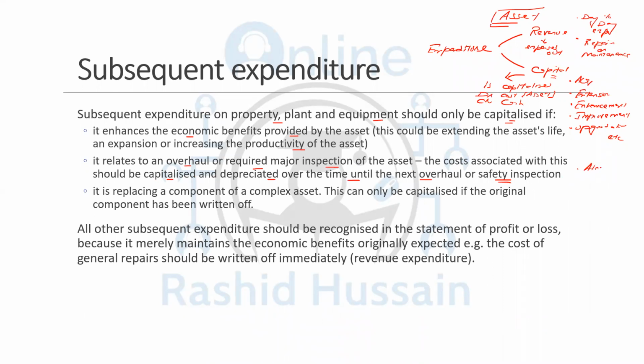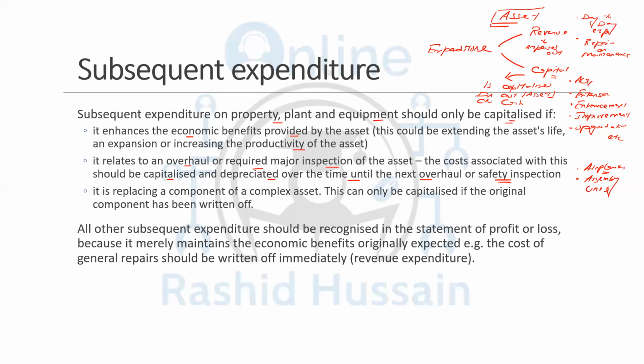Or for example, you're having assembly lines, which are being used for the productions. Airplanes, let's assume. And you're going to have the overhaul of your plane after certain number of years, or it can be anything. For example, after certain number of flying hours.